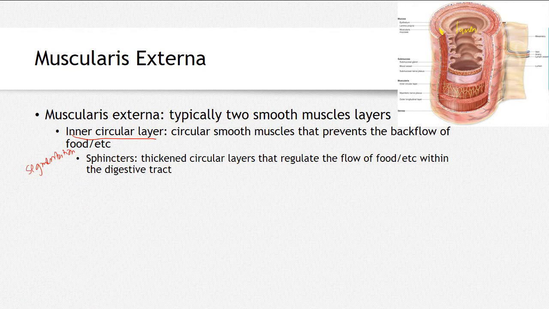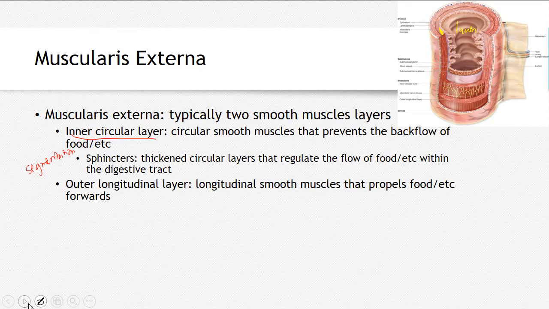Sphincters, once again, are circular muscles that regulate food going from one part of the digestive tract to the next. Like the pyloric sphincter, it will regulate the amount of food going from the stomach to the small intestine, the duodenum.